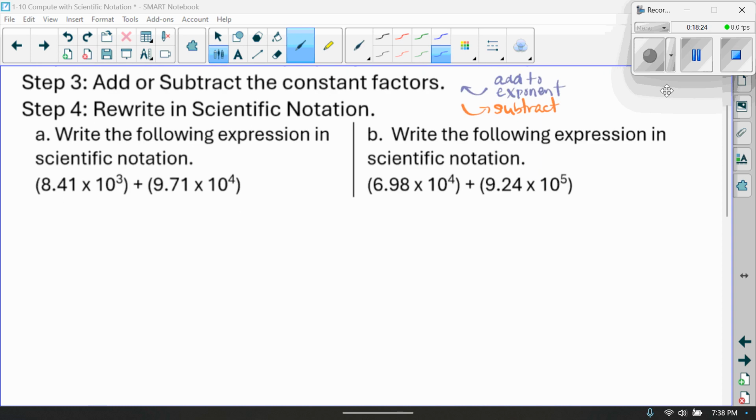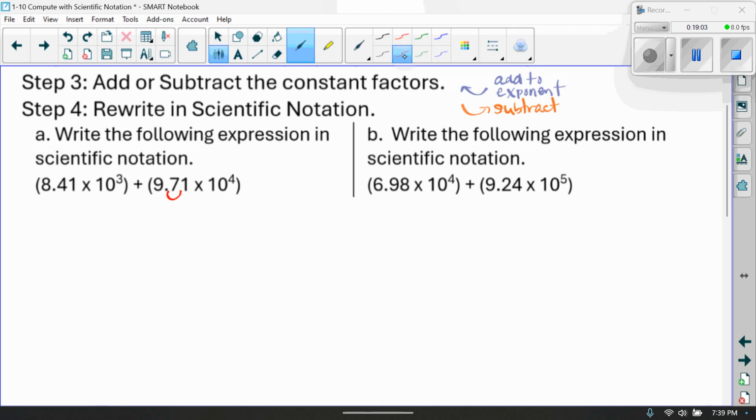All right, so for example A, it says 8.41 times 10 to the third plus 9.71 times 10 to the fourth. Now, we want to rewrite so that we have the same exponent in the powers, okay? So, that means, let's see here, I think we can change them to both 3's. So I'm going to move that decimal to the right, one place.